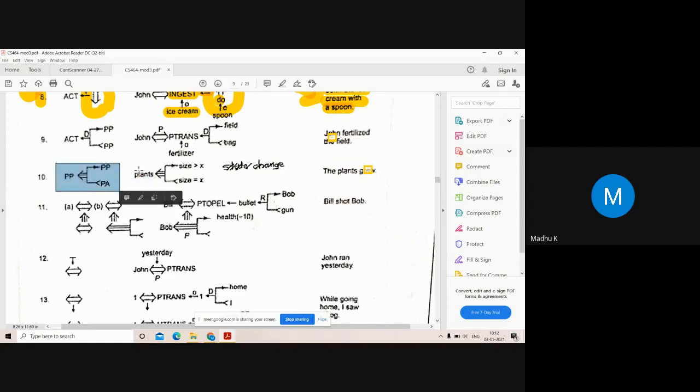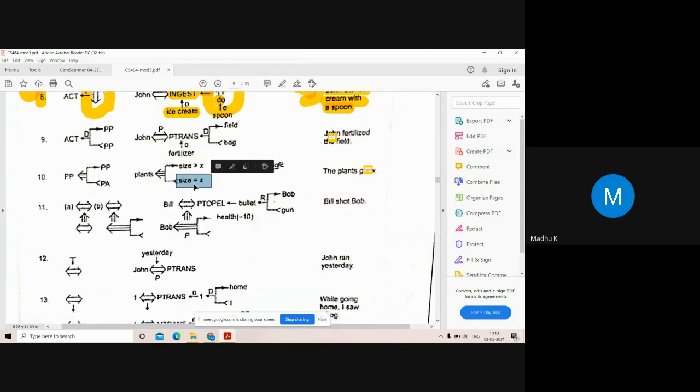Here the plant is the picture producer. Grew is one concept. We should assume that the plant grew from one size to another size, so we should represent it in this way.